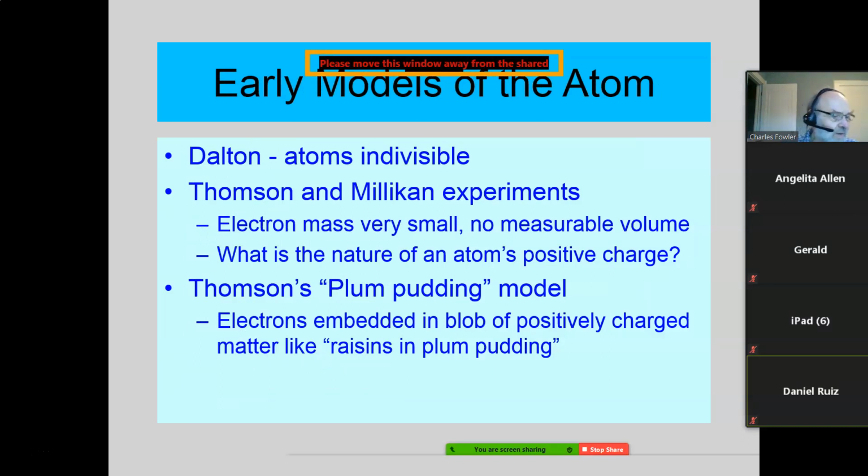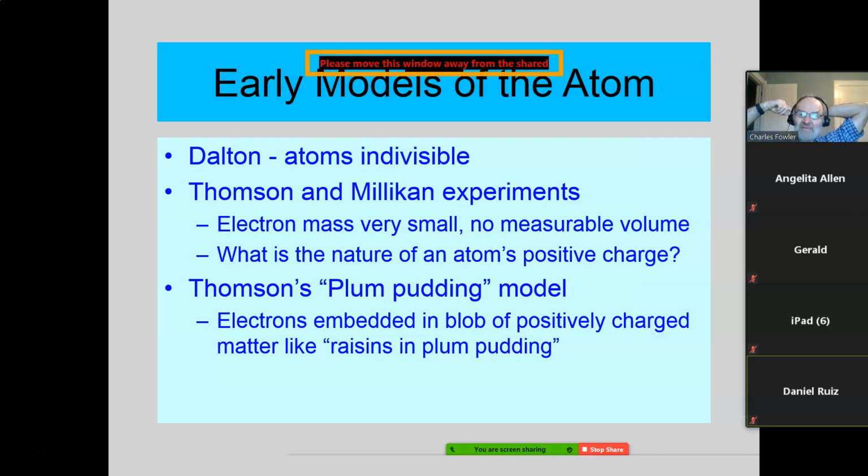Okay, so here are the early models of the electron. First, Dalton said, just like Democritus had said millennia earlier, that atoms were indivisible. Okay, Thomson and Millikan, the combination of their two experiments, said that the electron mass is incredibly small with absolutely no measurable volume.